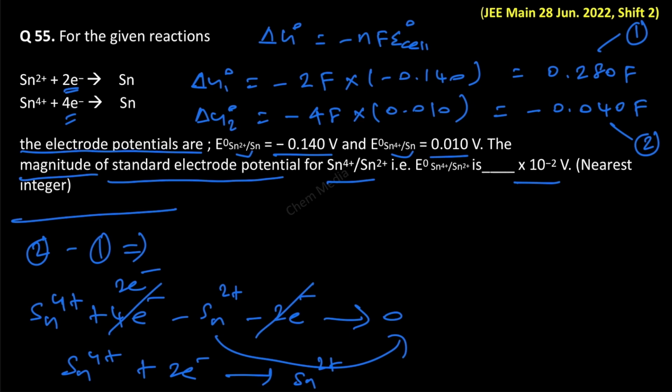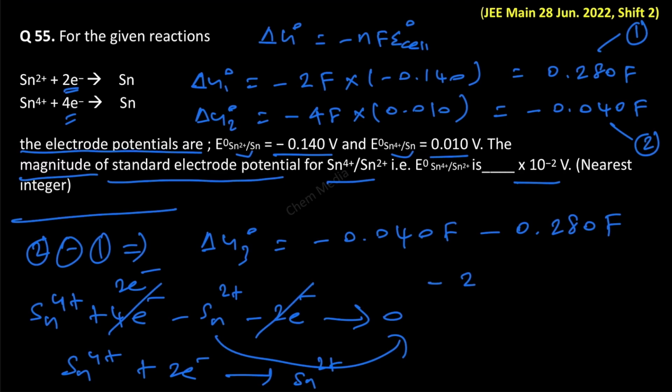So therefore delta G3 standard is equal to delta G2 standard, that is minus 0.040 Faraday, and then again minus because we have a minus sign in the equation, 0.280 Faraday. So therefore minus 2 times Faraday times Ecell standard, because here also it involves 2 moles of electrons, that's why 2 here, is equal to minus 0.32 Faraday.